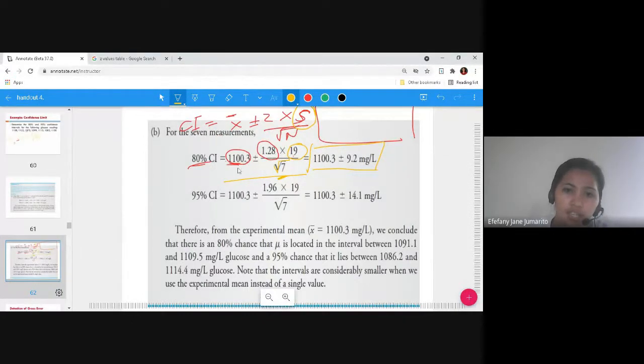So you see, class, this is just your mean, plus and minus the result of z times s over square root of n. So please calculate the value here. 1.28 times 19 divided by square root of 7. So that is 9.19. Okay, so 9.2.